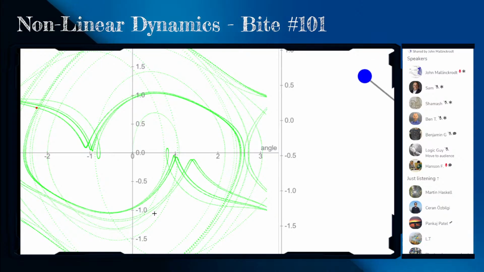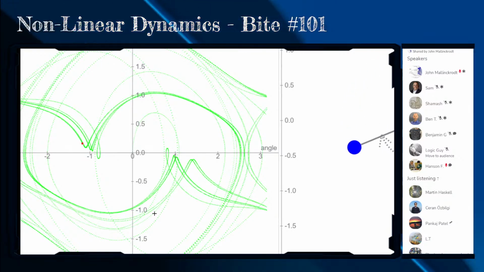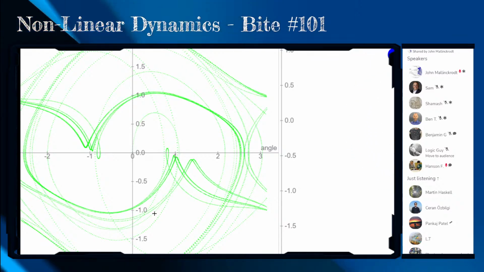If you're looking at that, you'll also have to notice that it has what's called periodic boundary conditions, because the angle of the pendulum can go through more than one full cycle. It can go around and around and around. But every time it goes over the top, the phase space diagram just goes over to the other side.